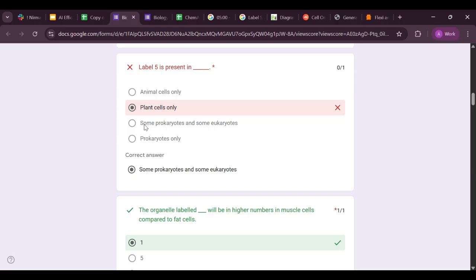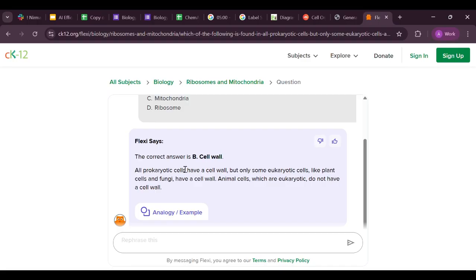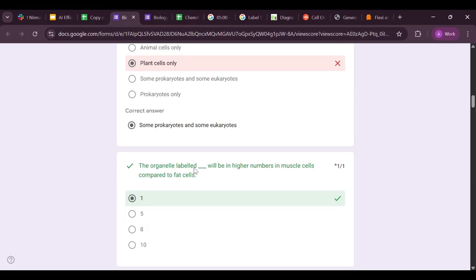It is saying that all prokaryotic cells have a cell wall, but only some eukaryotic cells have a cell wall. So there is, we can say, a discrepancy in the question.